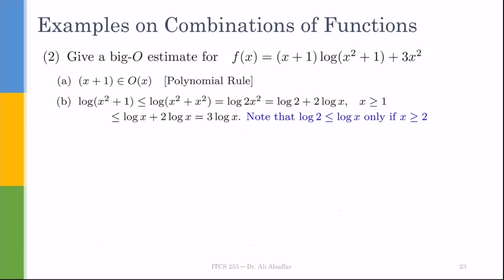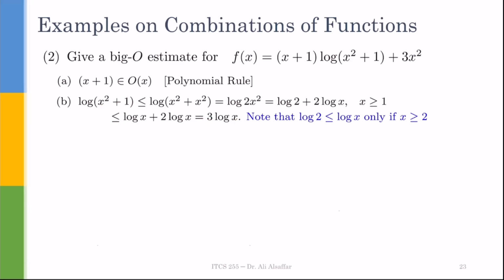But here notice, when you do the replacement of log 2 by log x, then x will not be greater than or equal to 1. It should be greater than or equal to 2, because this relation will be true only after x is greater than or equal to 2. So according to the basic definition, we have this expression less than or equal to this expression.